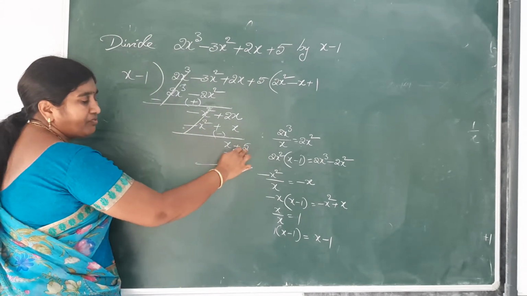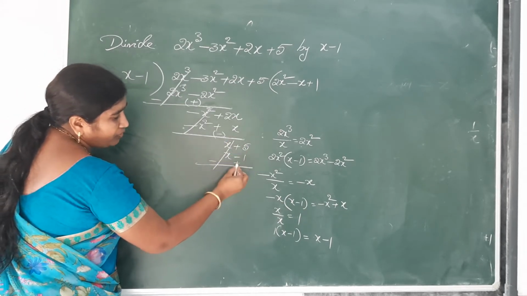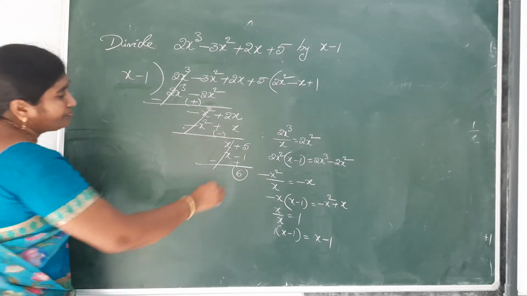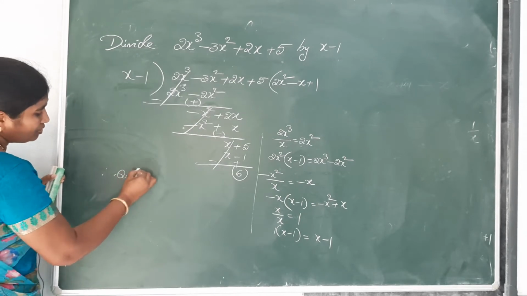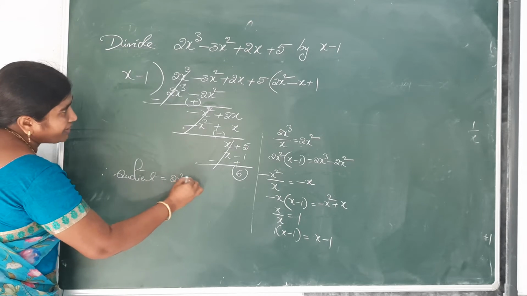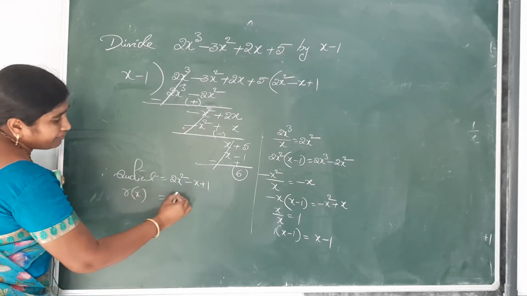Subtract x minus 1 from x plus 5: minus plus cancel, plus 5 plus 1 is 6. Therefore, quotient equals 2x square minus x plus 1, and remainder equals 6.